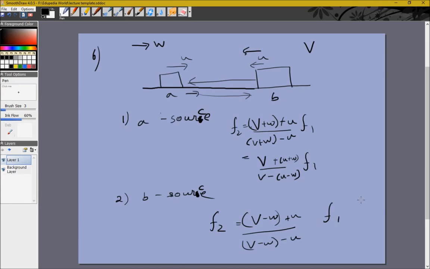So in both cases, we can see that v minus w or v plus w is a constant, but there is a plus u and a minus u. So the frequency is increasing in both cases. f2 is greater than f1 in both cases. So the answer will be A and B.